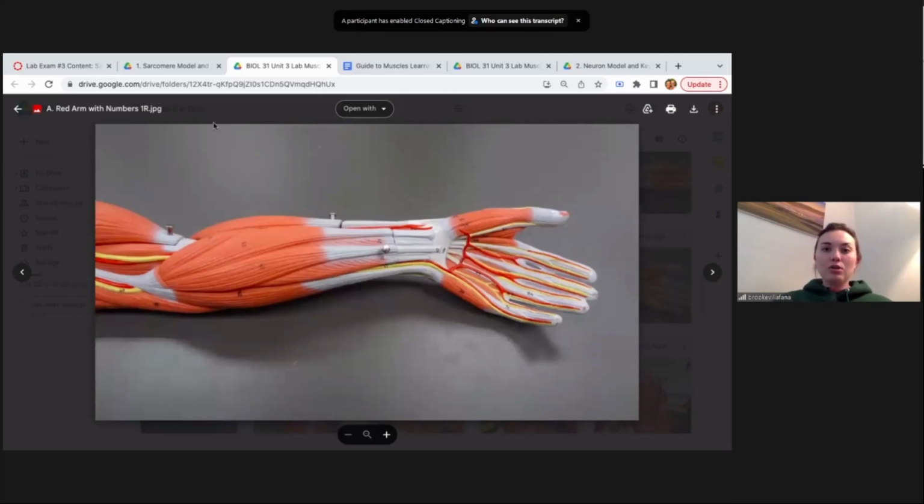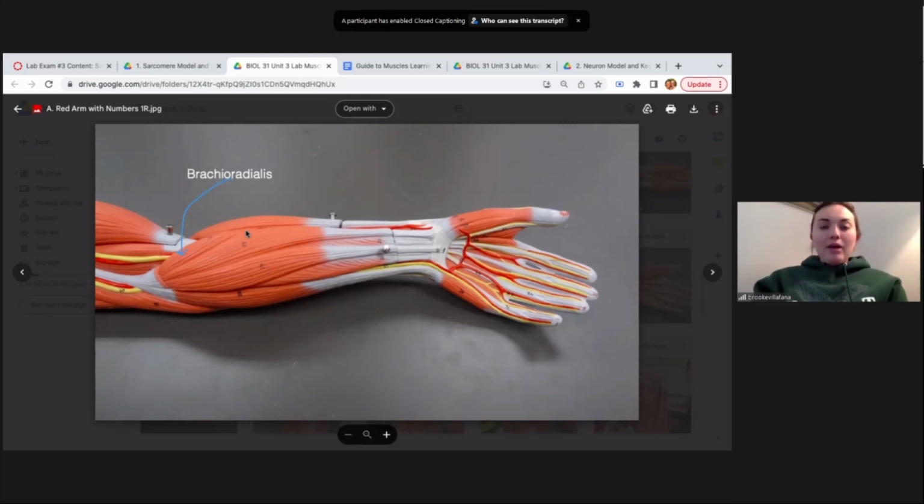Like I already showed you, you have your brachioradialis here. And then on the outsides, we have our flexors, named flexor, then the bone that they're on. So for number 23, it's going to be flexor carpi radialis.